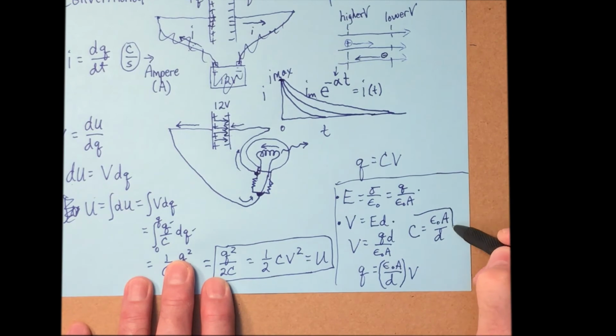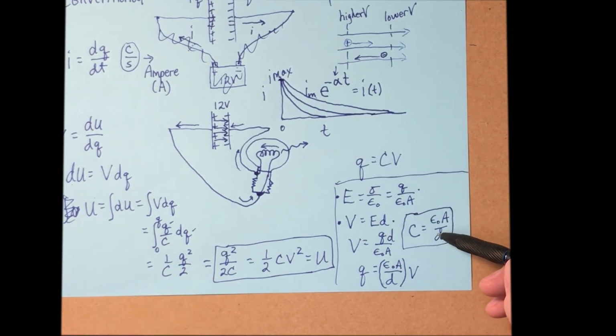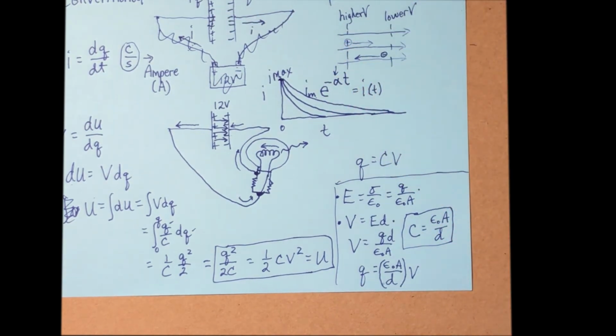Now, notice that capacitance equation does not depend upon anything like charge or potential, anything other than the geometry: the surface area, or the distance between the two plates. And those are geometry dependent. I mean, you could change the area of the two plates just by changing the geometry of your capacitor. You could change the separation between the two plates just by changing the geometry of your capacitor.